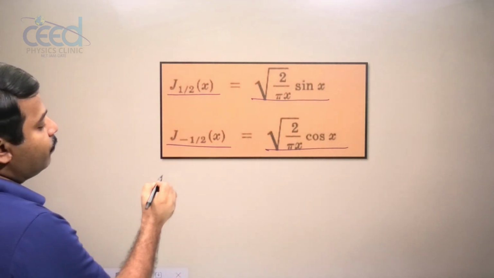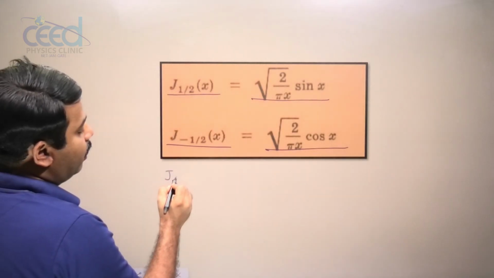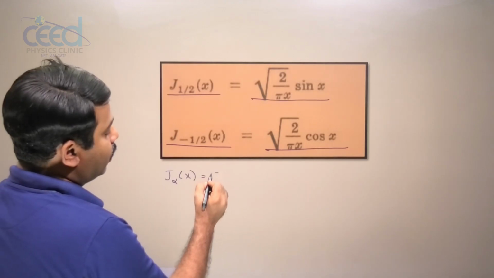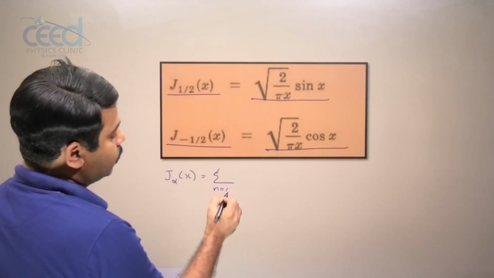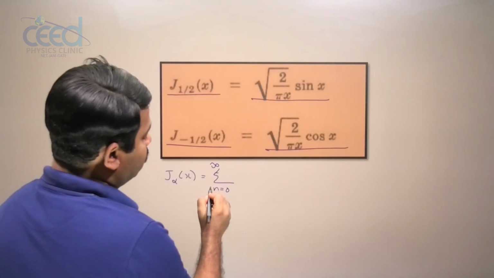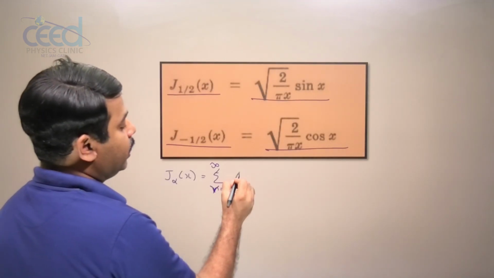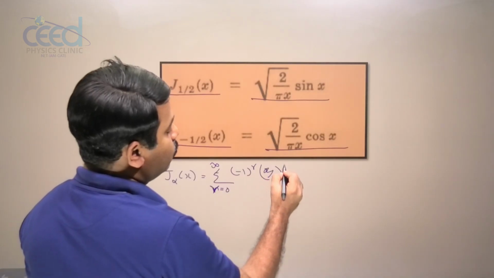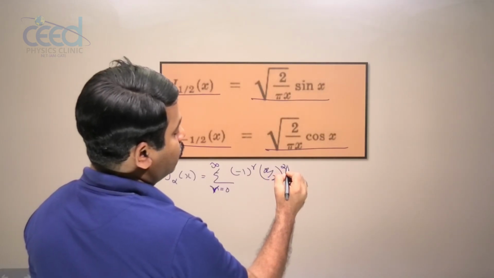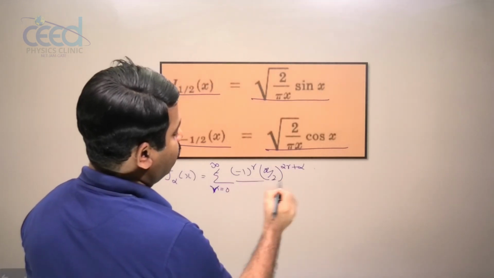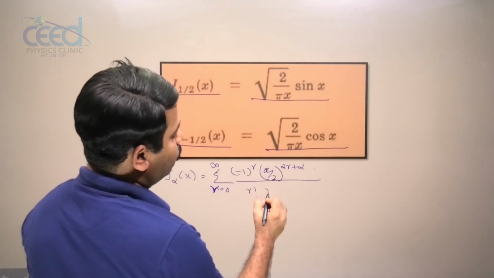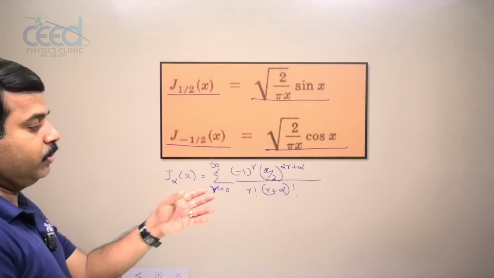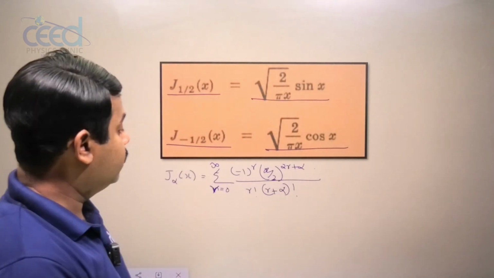So what is J alpha of x you studied? J alpha of x, what we studied, that is sigma r is equal to 0 to infinity, minus 1 raised to r, x by 2 all raised to 2r plus alpha, divided by r factorial into r plus alpha whole factorial. This we have studied, right? Alright.